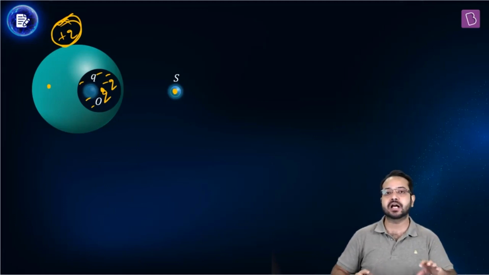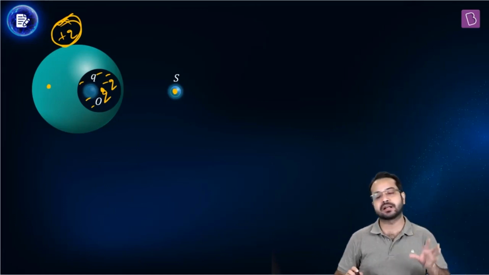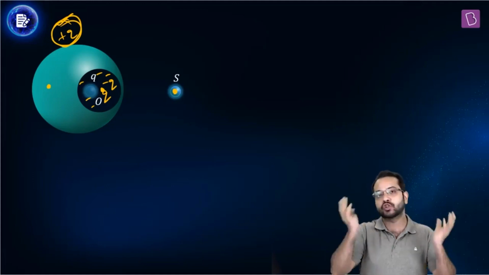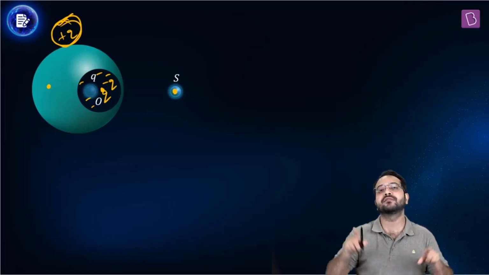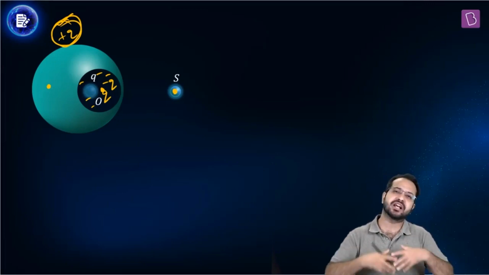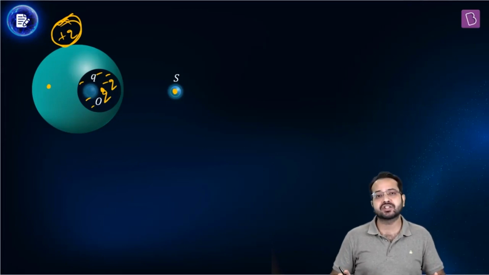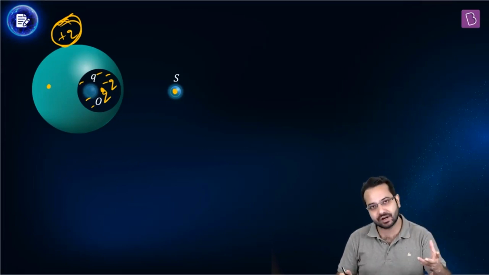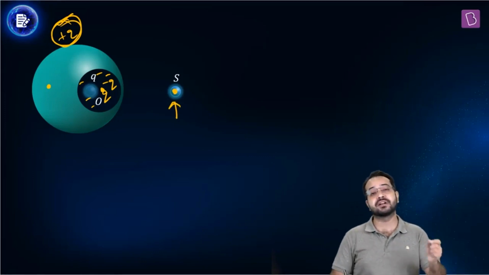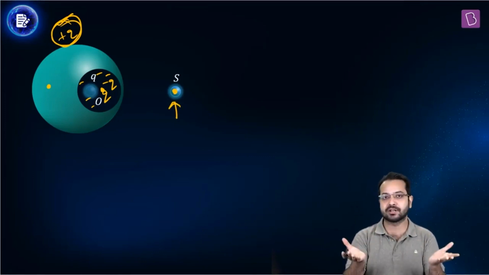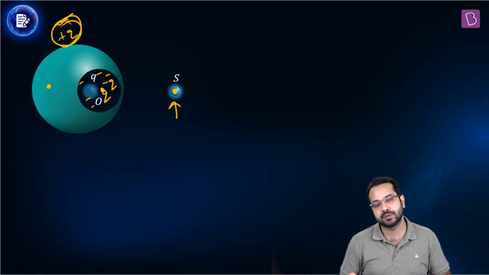Now the external charges had a certain configuration which made the field zero inside the conductor. Okay, its job is to still make the field zero inside the conductor. Okay, so should the configuration of the external charge change? It should not, because it is already doing its job. And if the charge configuration of the external charge does not change, should there be any effect on the electric field at an external point? The charge distribution hasn't changed, so the field is also not going to be changed.